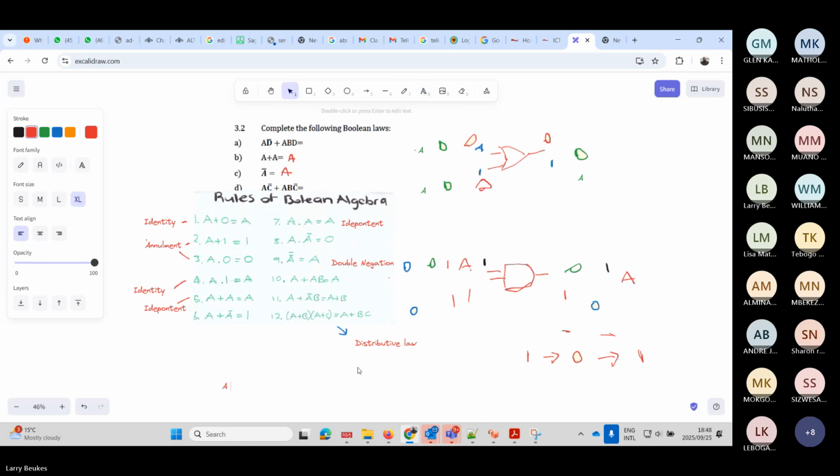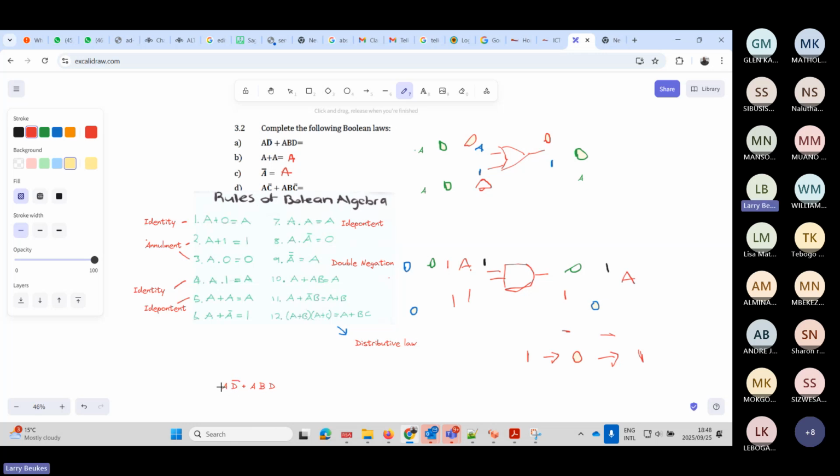A, D naught, A, B, D. D is complemented. So what can we do here?